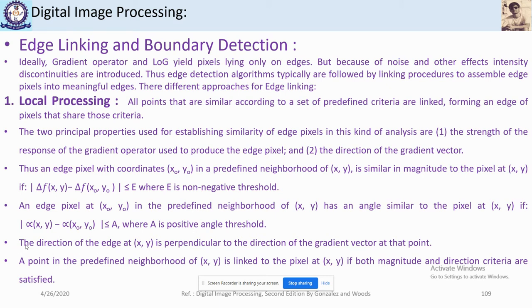So this is what is written here: the direction of the edge at xy is perpendicular to the direction of the gradient vector at that point. A point in the predefined neighborhood of xy is linked to the pixel at xy if both magnitude and direction criteria are satisfied. That means the point x0 y0 will be linked to xy only if these two conditions are satisfied.